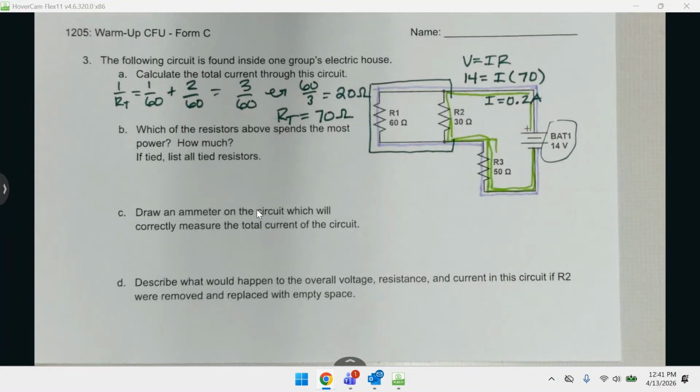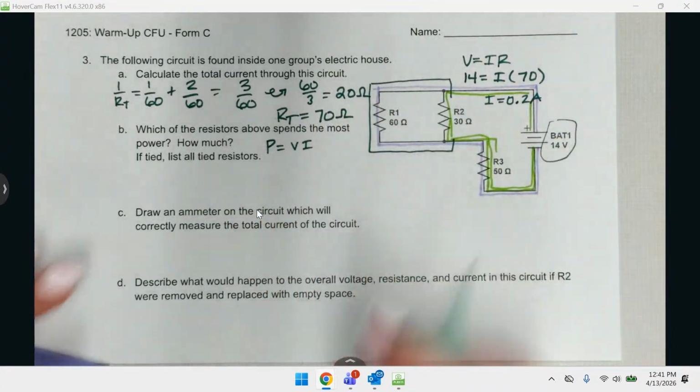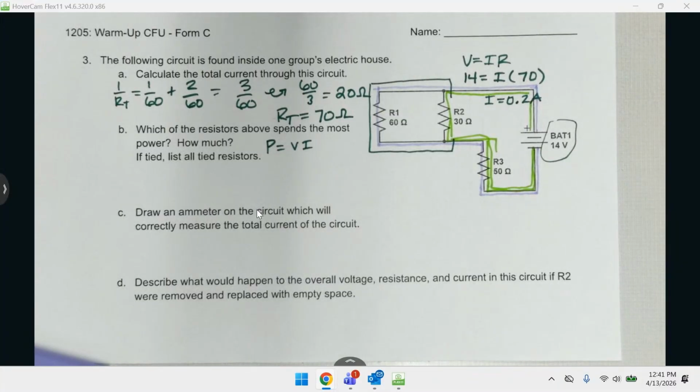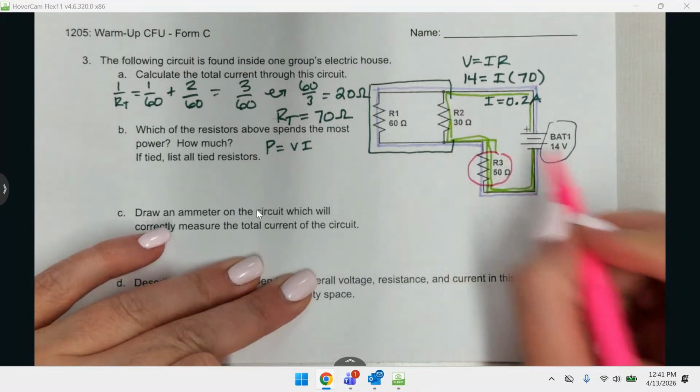The next question says, which of the resistors above spends the most power? How much? Again, power is equal to voltage times current. If I wanted to figure out which one has the most power, I would need to figure out where I have the most voltage and the most current. I have the most current right here, because right here it's both.